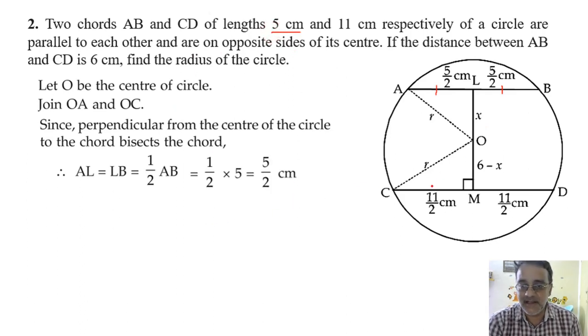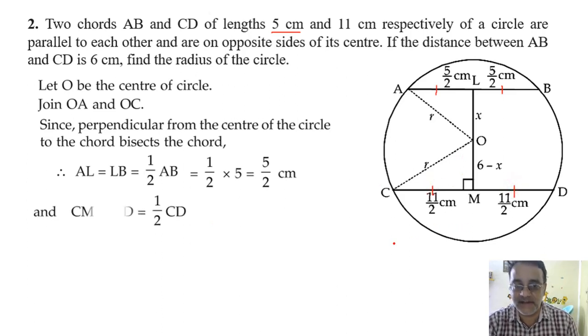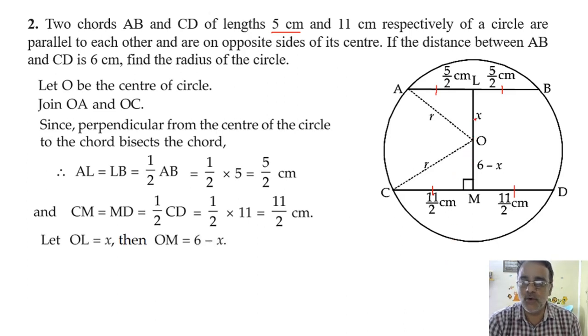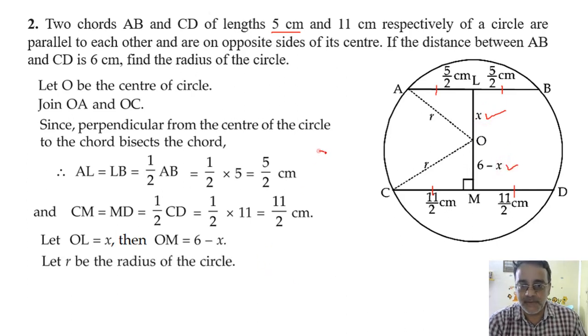And similarly CM is equal to MD is equal to half of CD, that is half of 11, both are equal to 11/2. Let R be the radius of the circle, and OL is equal to x, so OM will be 6 minus x. Up to here, any doubt?